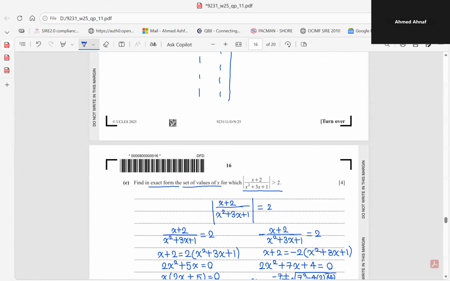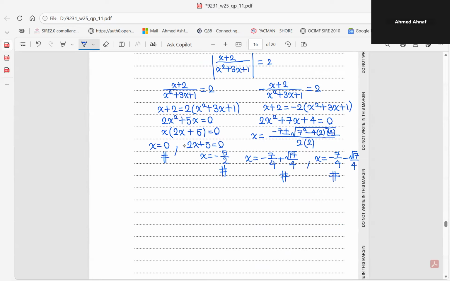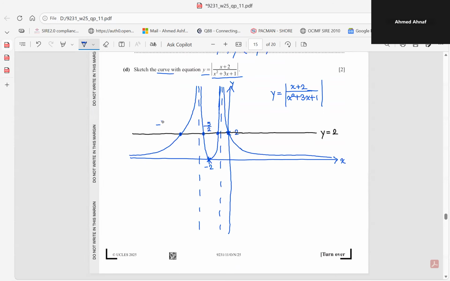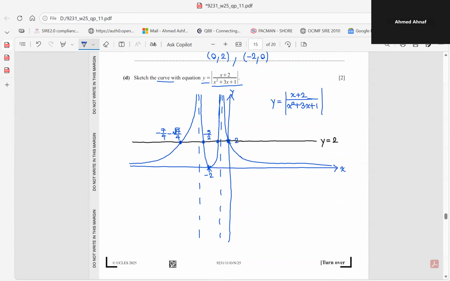Let's label them. So it's basically this point and this point. This one is obviously the one with two negative signs: minus 7 over 4 minus square root 17 over 4. And this one is minus 7 over 4 plus square root 17 over 4.